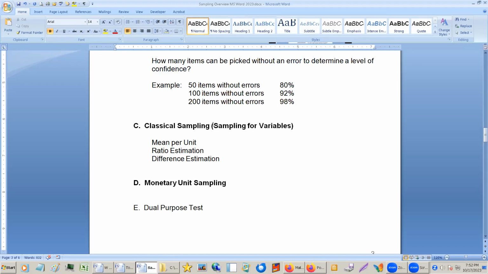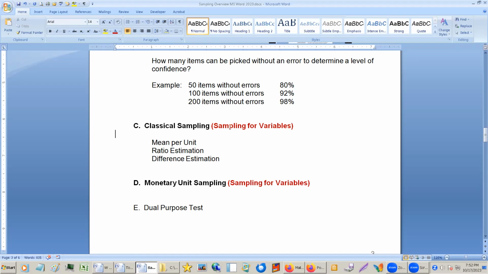In other words, it could be off by $1, $2, $3. It could be a variable amount that they're off by. So this is not sampling for attributes. This is sampling for variables.